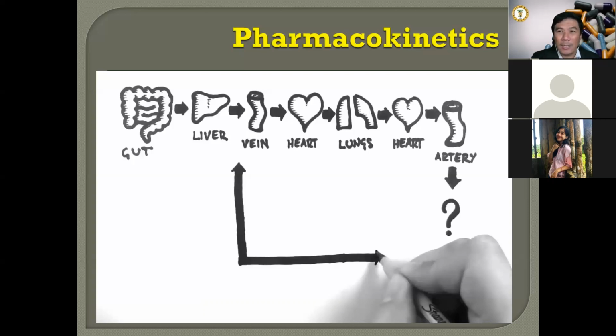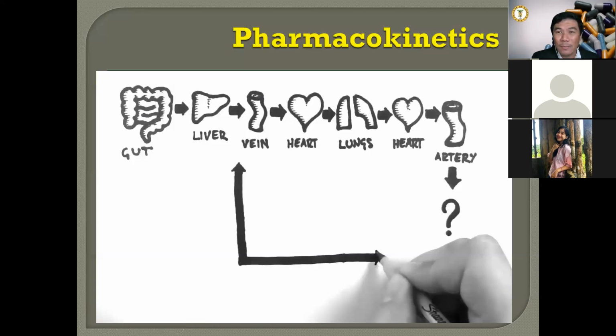Once the drug is needed by the body, it will enter the vein, the unoxygenated blood, though merely we're talking about the plasma. When the drug is carried by the plasma through the circulatory system, it will enter the right side of the heart. As it enters the right side of the heart, it goes to the lungs. After the lungs, the blood is converted into oxygenated blood.